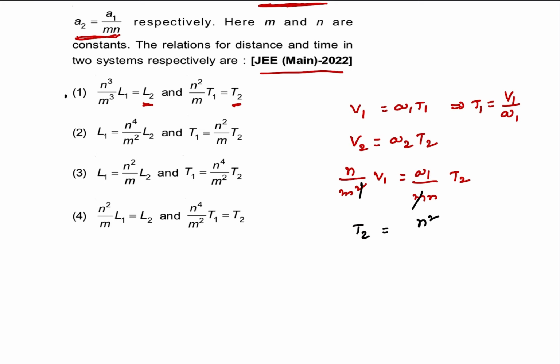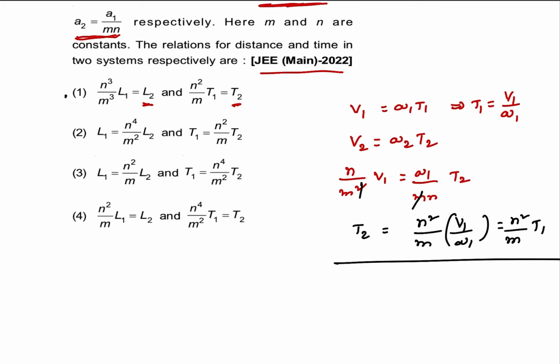Just observe how this relation works. T2 can be written, with n square and m cancelled, as m into V1 divided by A1, so I can write it as n square by m into T1.